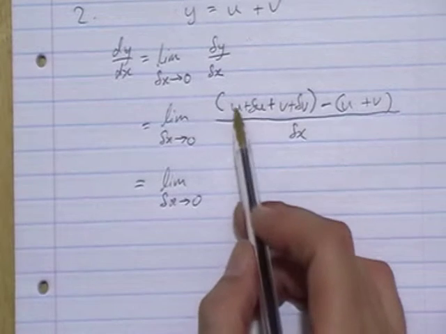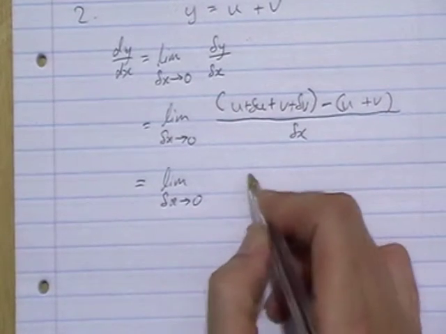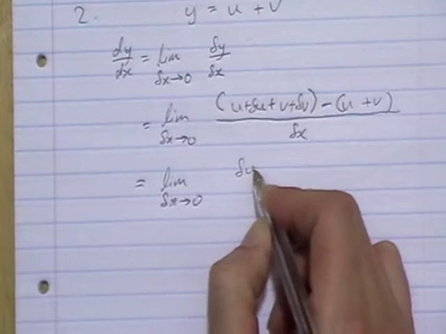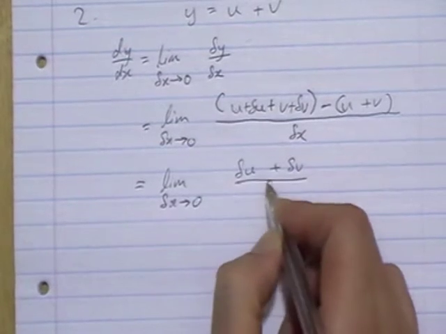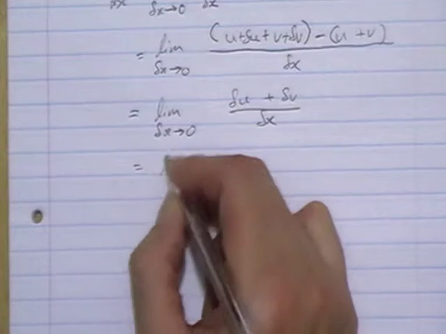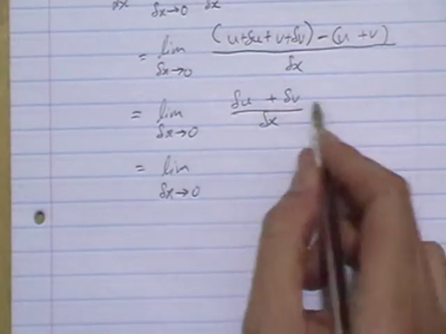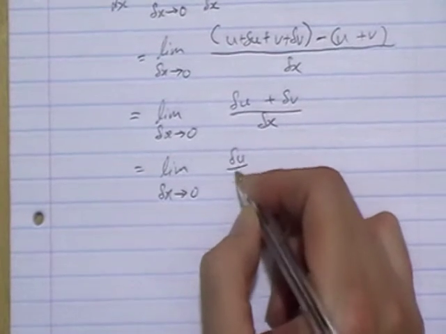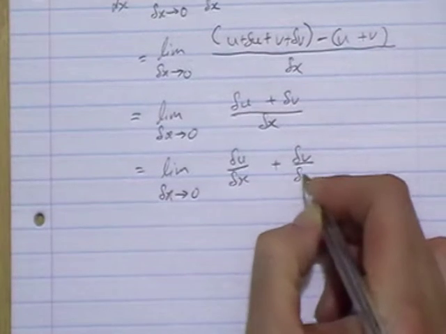Now we can simplify this. u and u cancel, v and v cancel. That leaves delta u plus delta v over delta x. Now I can separate those two: delta u over delta x plus delta v over delta x.